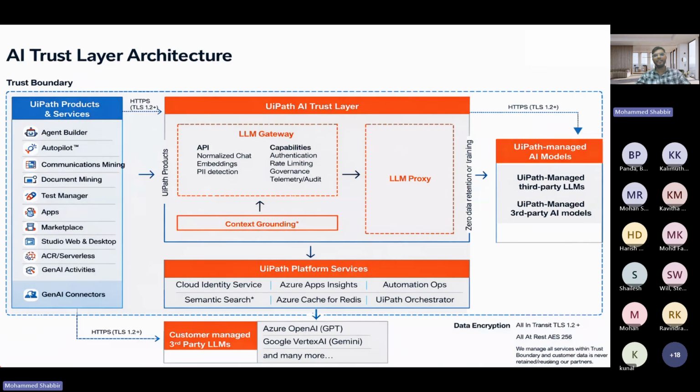So speaking of context grounding, context grounding is the one which will help you improve the quality of the responses. You can think of it like this: you have purchased a mobile phone, and you get a user manual or the knowledge base document, right?